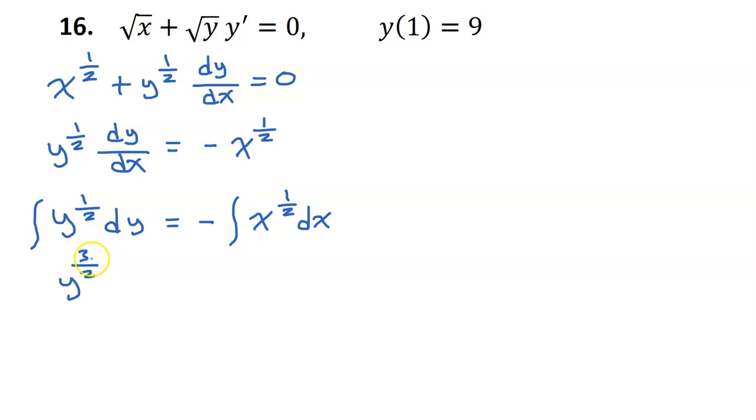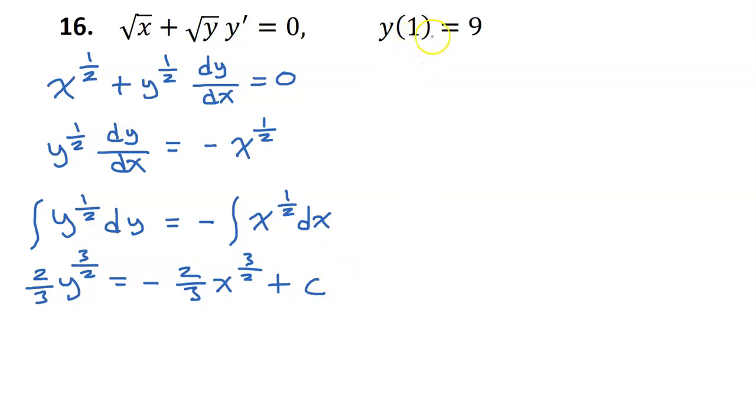Then I divide by the new exponent. Dividing by 3/2 is the same as multiplying by 2/3. The same thing will happen to x to the 1/2 power. So I will have negative 2/3 x to the 3/2 power plus c.